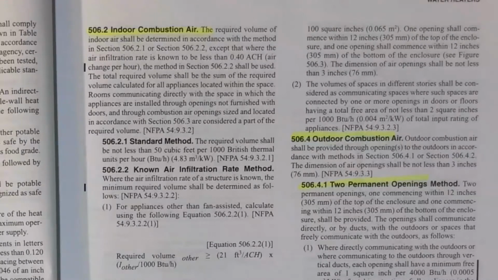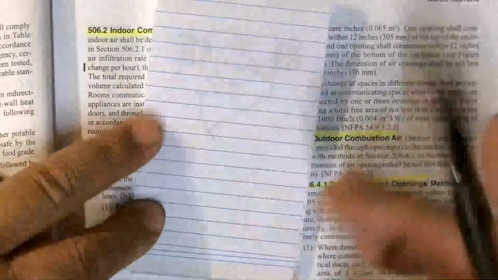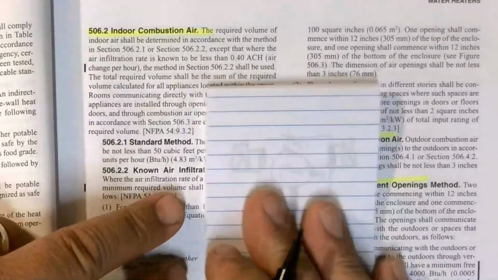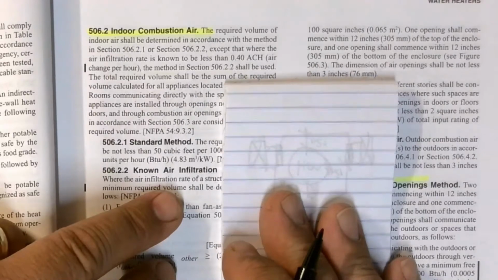So what they're saying there is, you have to have at least 100 square inches, right? But the dimension of the air opening shall be not less than 3 inches.